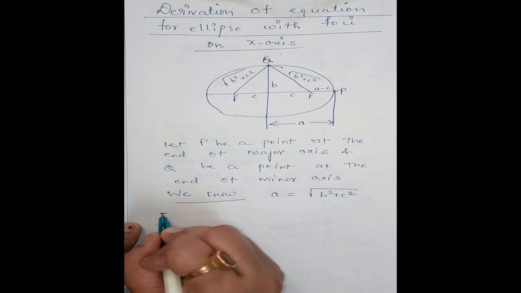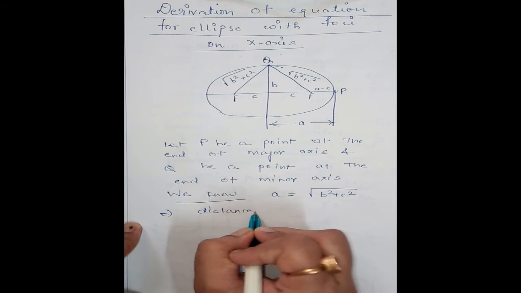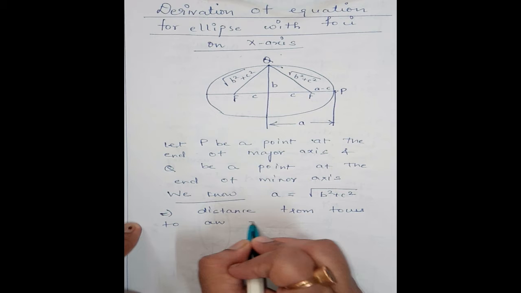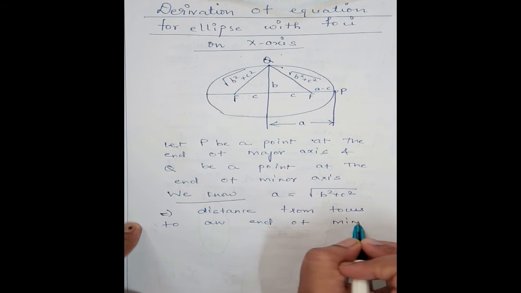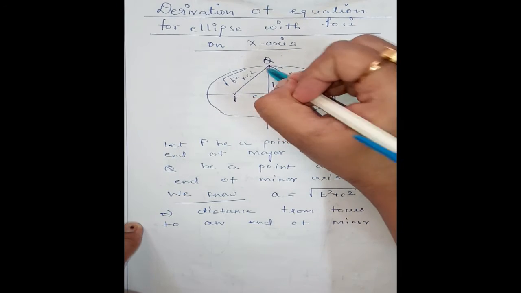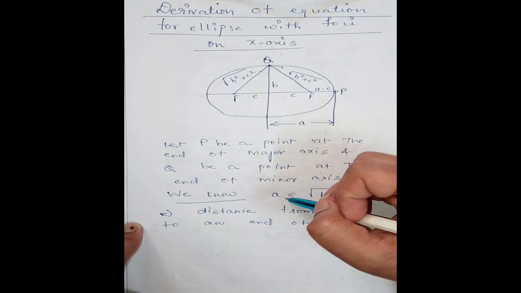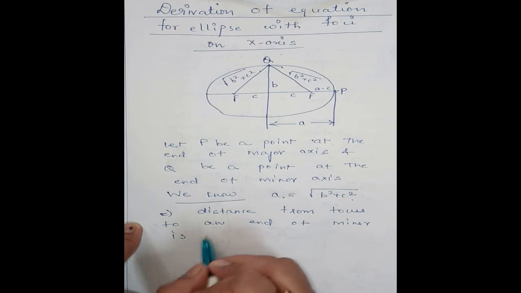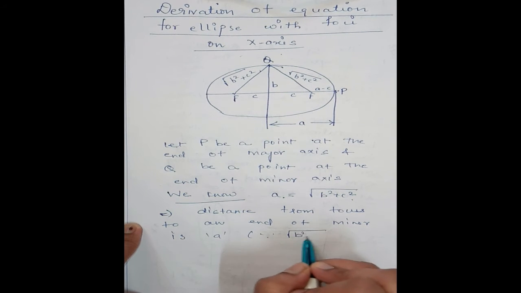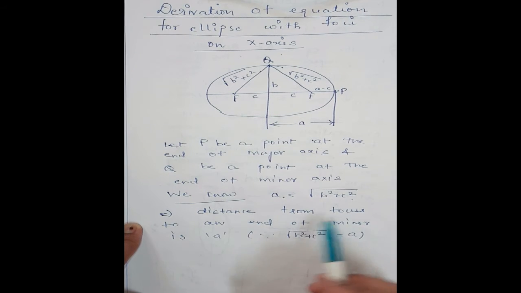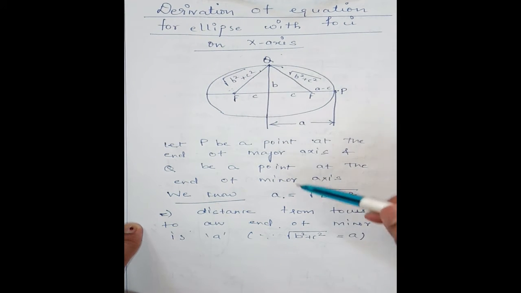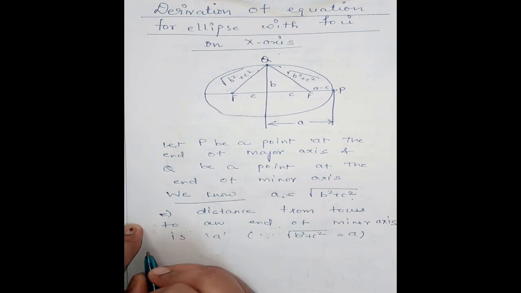Now this implies the distance from a focus to an end of the minor axis, which is square root of b squared plus c squared, is nothing but a only, since a is equal to square root of b squared plus c squared. So the distance from a focus to an end of the minor axis is a.